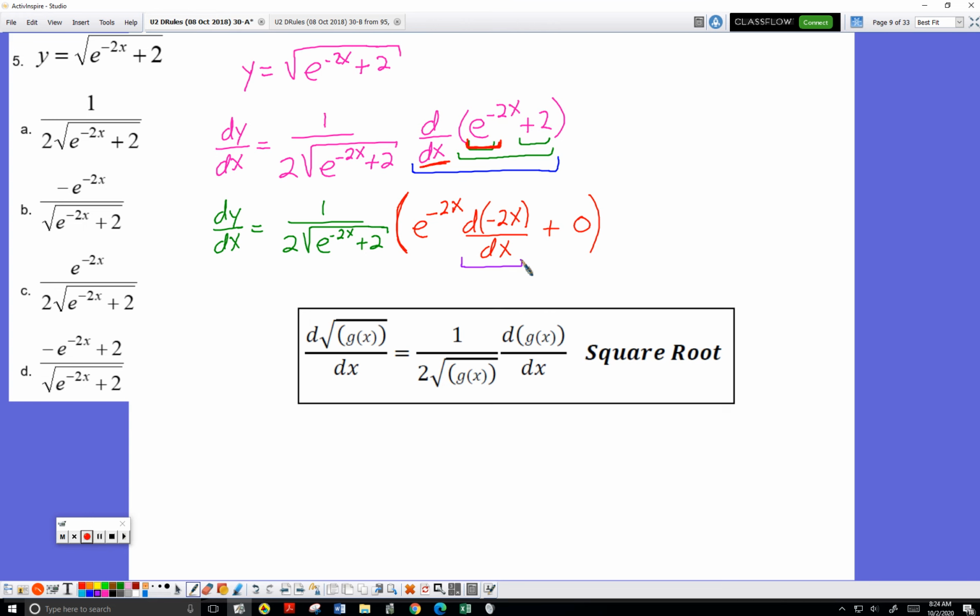So what I have now is a bunch of factors. On the bottom, I have a factor of 2. I have a factor of this root. On the top, I have a factor of e to the -2x, and I have a factor of -2. I can combine the factors any way I choose.